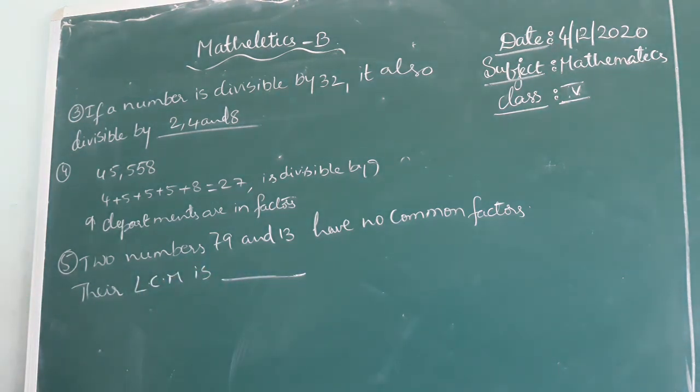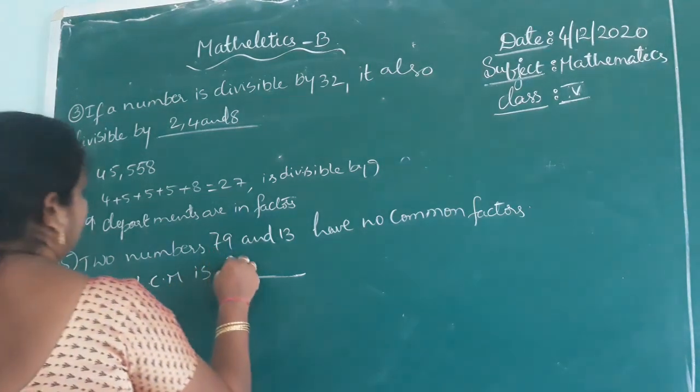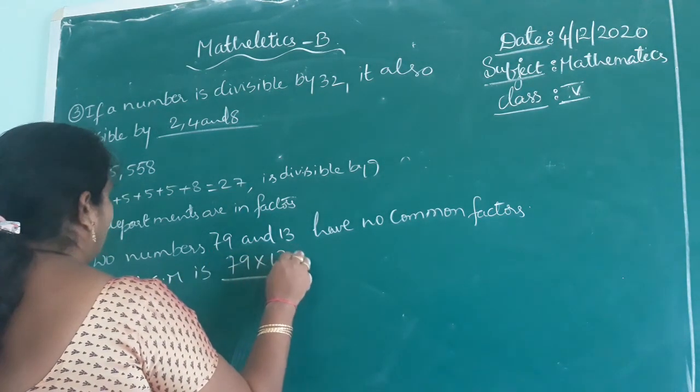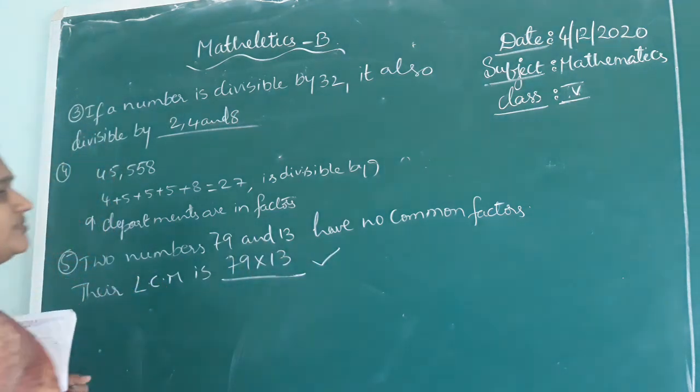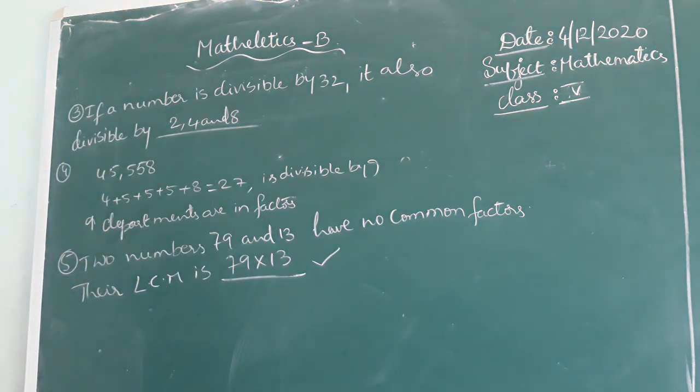What type of numbers are 79 and 13? If you observe, those two numbers are co-prime numbers. So the LCM is their product. If you multiply 79 into 13, you will get the LCM of these two numbers. Okay, children. Next one.